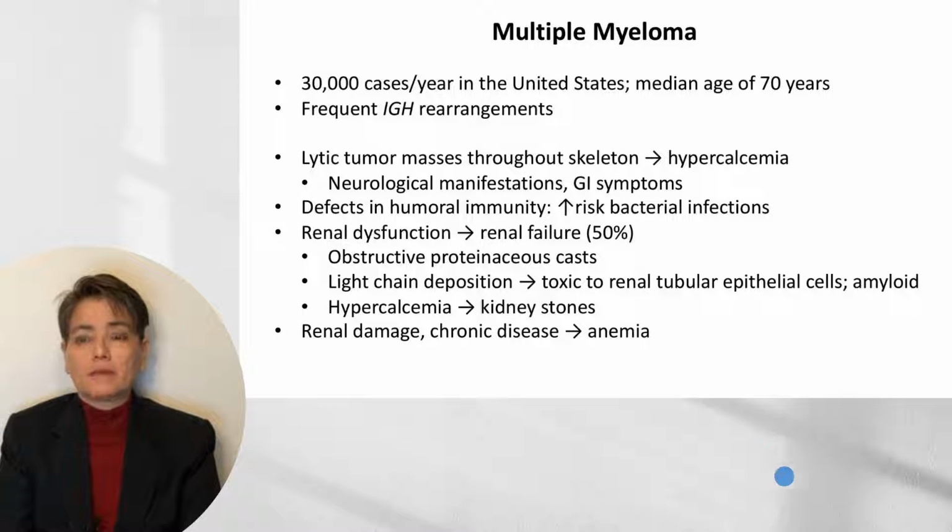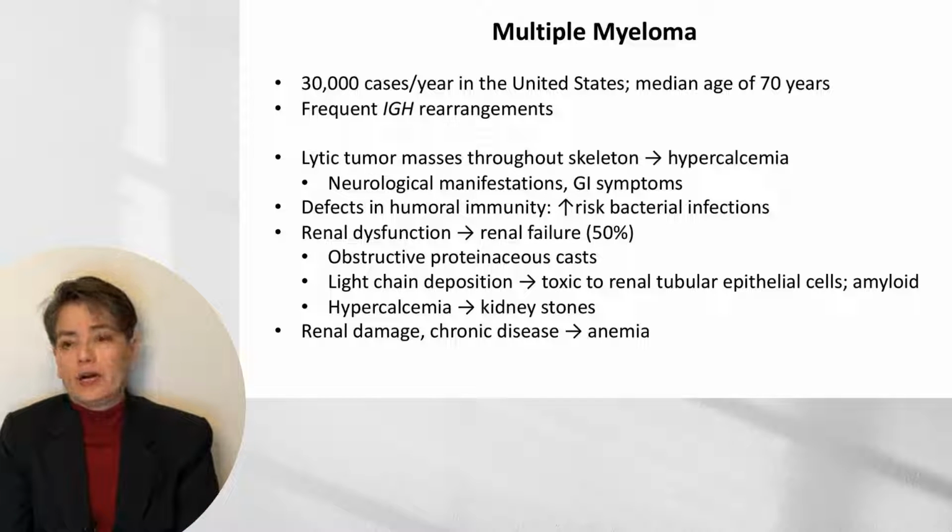Now, focusing on multiple myeloma, this is a fairly common disease in our older population. So about 30,000 cases per year in the United States with a median age of 70 years. These tumors have frequent IgH rearrangements, again, taking us back to why B-cell neoplasms are more common than T-cell neoplasms. Now, there are a variety of manifestations of multiple myeloma. We've already talked about these lytic tumor masses throughout the skeleton.